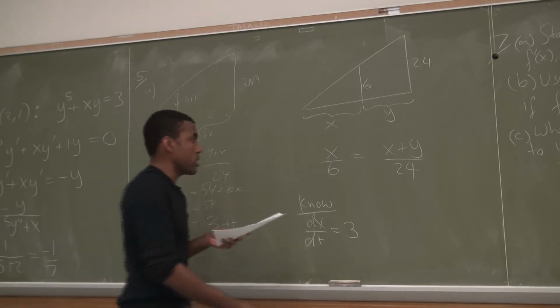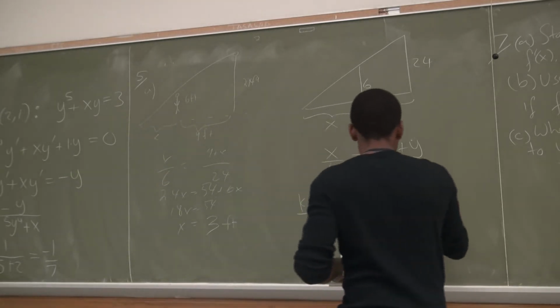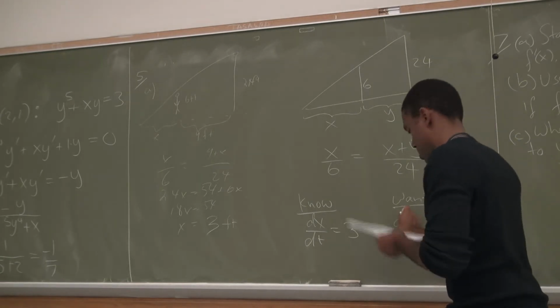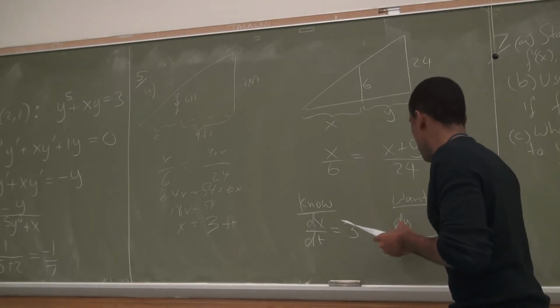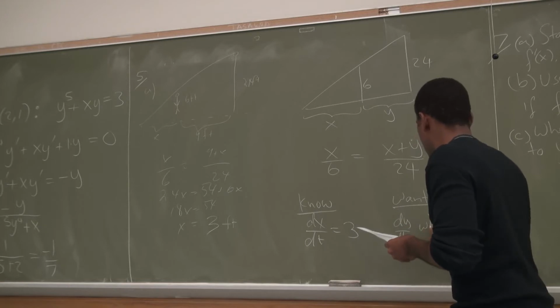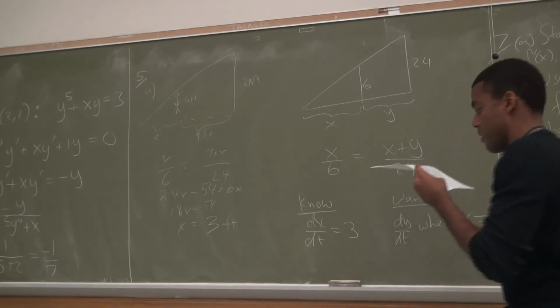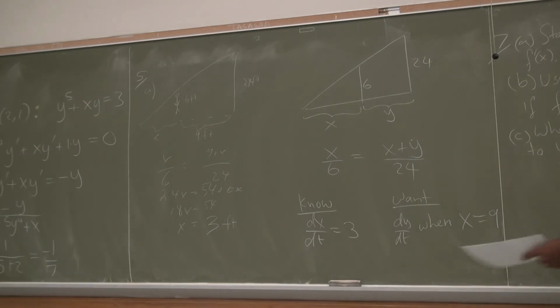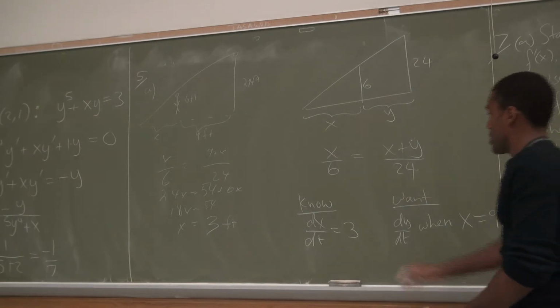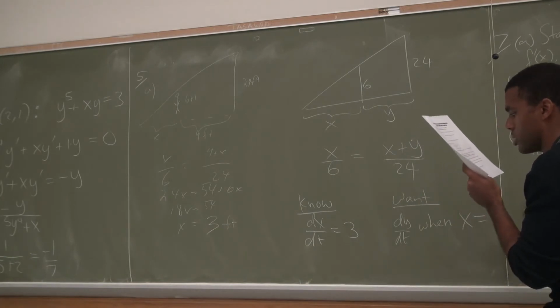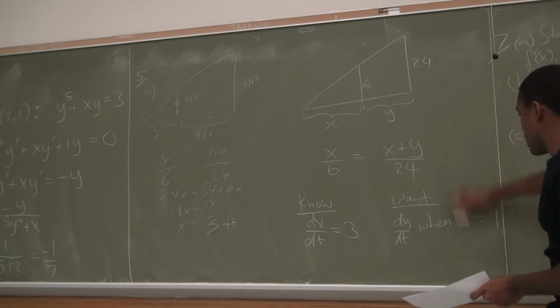And dy dt is what we want. It's the same situation as part A: when x equals 9, when the person is standing 9 feet from the street light.